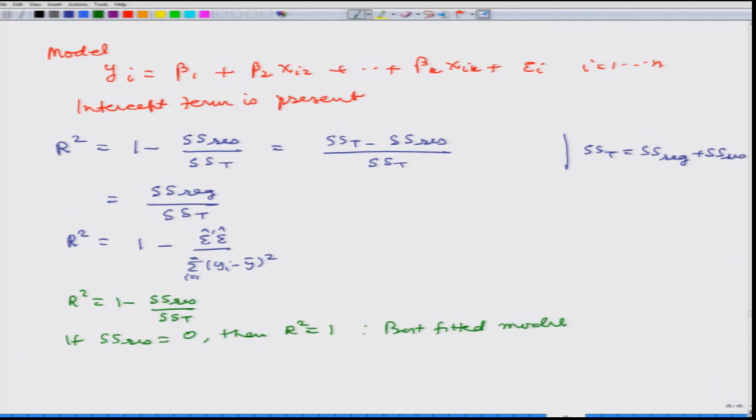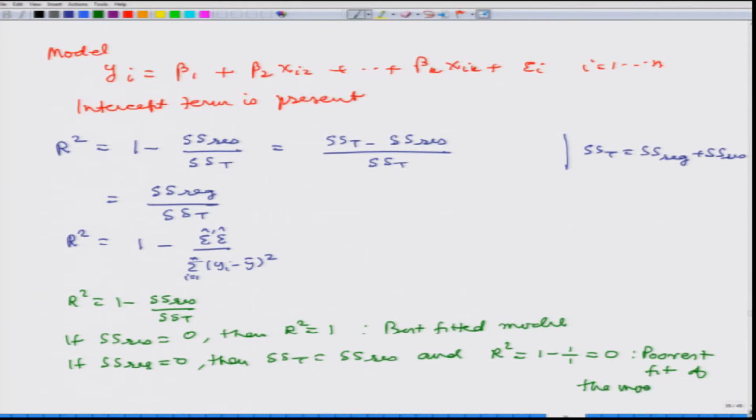And in that case, when the sum of square due to regression becomes 0, then SST is equal to SSRes, and R square in this case becomes 1 minus 1 over 1, that is equal to 0. So, this would be indicating the poorest fit of the model, or rather I would say that this is the worst fitted model.